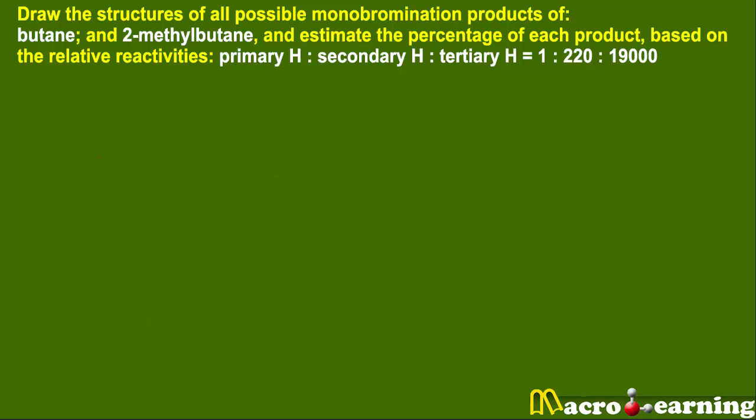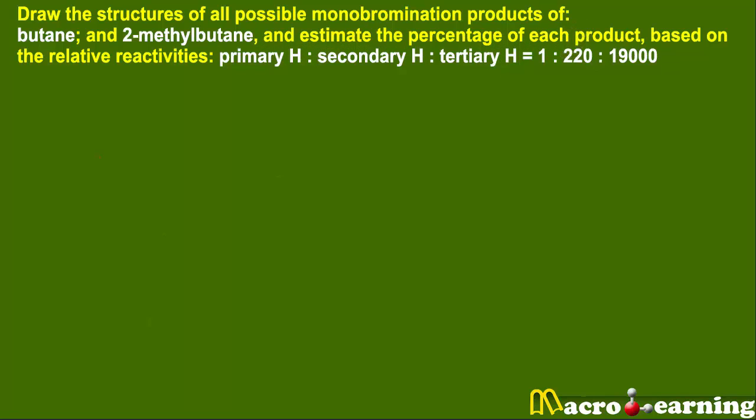It says, draw the structures of all possible monobromination products of butane and monobromination products of 2-methylbutane, and estimate the percentage of each product for each case, based on the relative reactivities. Primary hydrogen to secondary to tertiary hydrogen being 1 to 220 to 19,000.